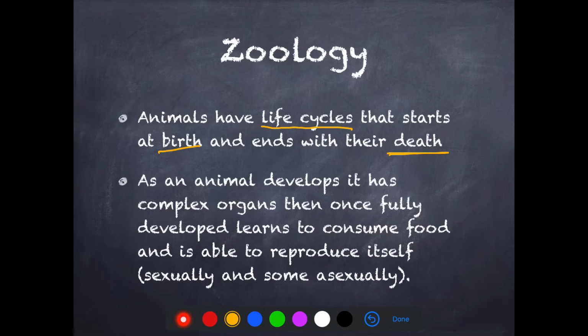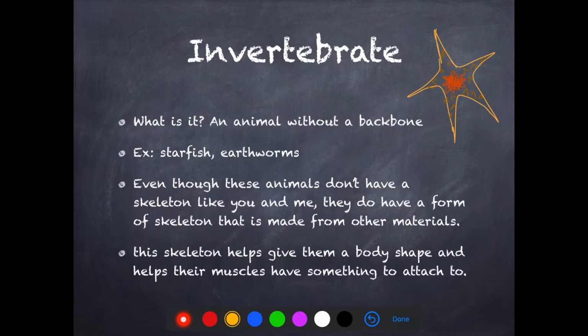These organs help them with everything from consuming food to being able to reproduce, to make more life forms so that they can pass on from one generation to another. The way that they reproduce is mostly sexually, but there are some animals that reproduce asexually, and we will also talk about that.